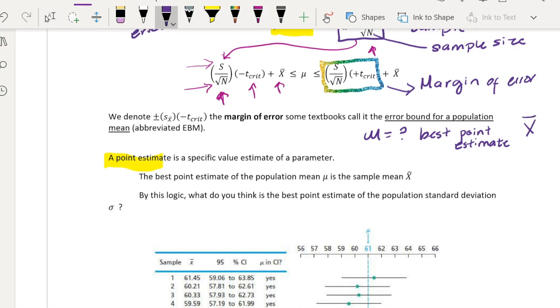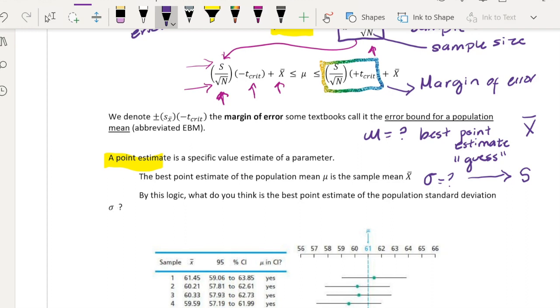You can think of best point estimates as a best guess. In the same way, we're not going to cover this type of interval because mostly we focus on the mean. But for example, if I didn't know what the population standard deviation was, my best guess would be the sample standard deviation, and so on.